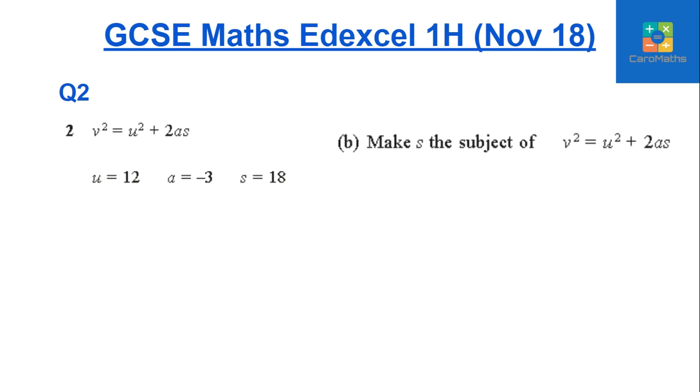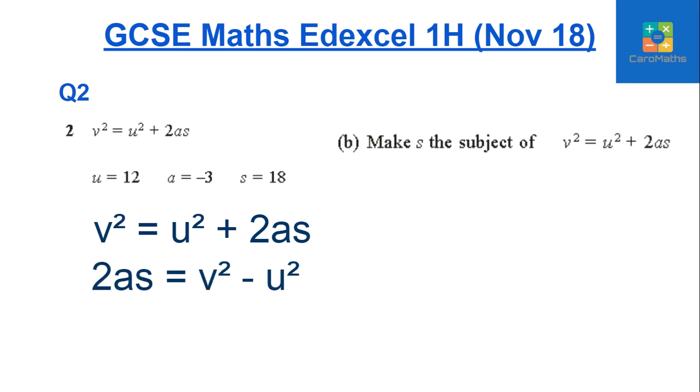And part b, make s the subject of v squared equals u squared plus 2as. So I've just written that here again. So the first step is to subtract u squared from both sides. So we get 2as equals v squared minus u squared, and then you divide both sides by 2a to get s equals v squared minus u squared all over 2a.